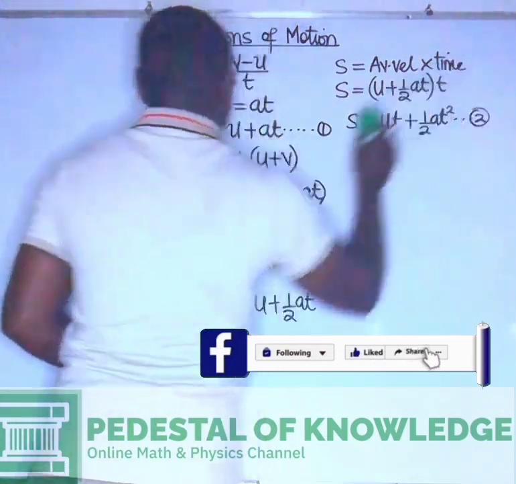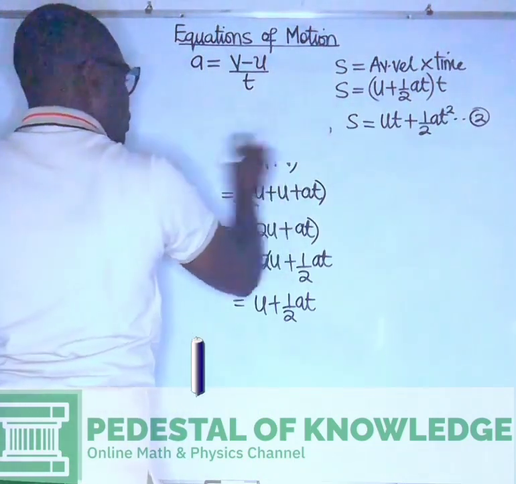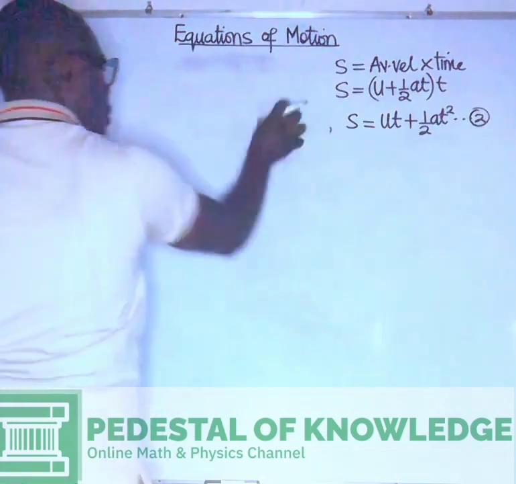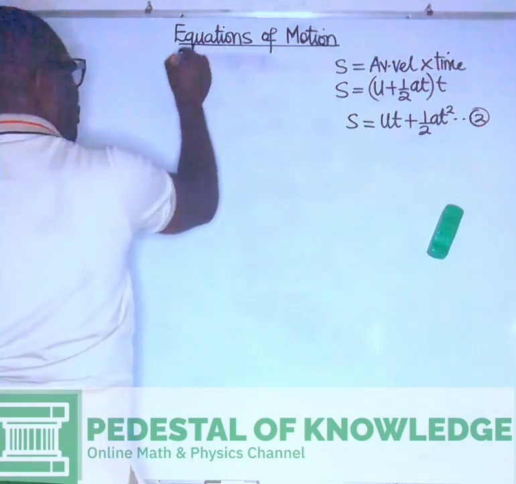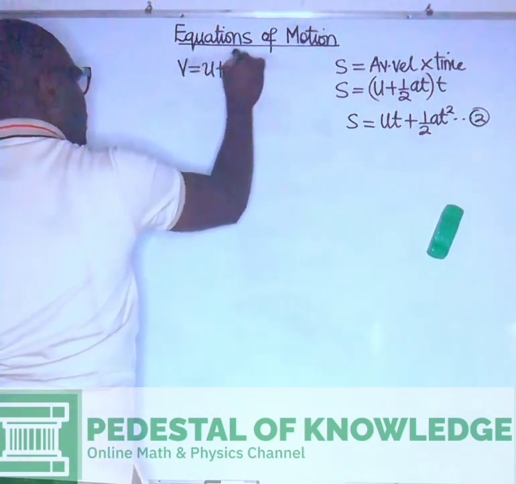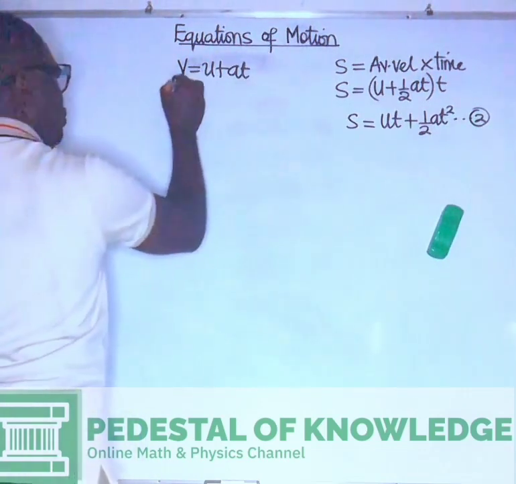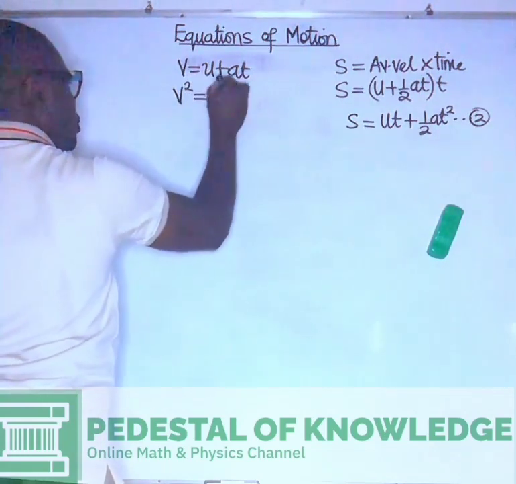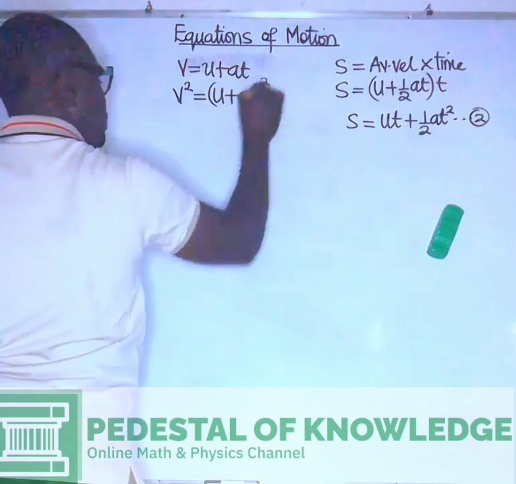All right. Now, let's look at the third equation of motion. Okay, now recall that from the first equation, we have v is equal to u plus at. Now, when we square both sides of this equation, we're going to have v squared is equal to u plus at all squared.